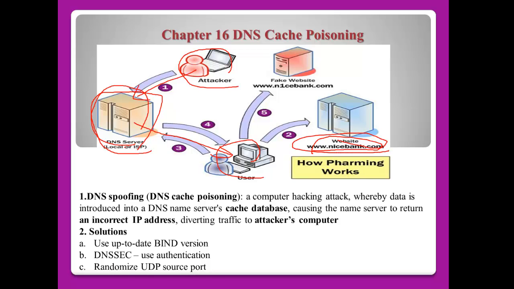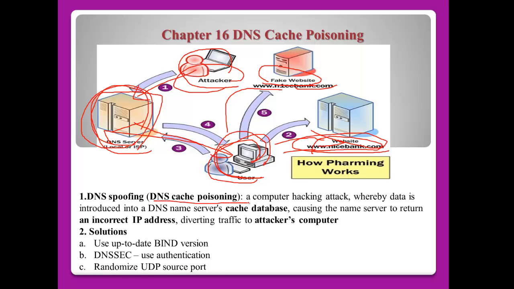Then this DNS server will supply incorrect information about this domain, nicebank.com. So now, if I try to query this information from my DNS server, already poisoned by the attacker, the DNS information will point to a fake website. So this is DNS cache poisoning.